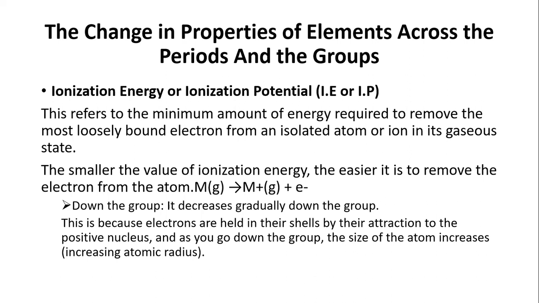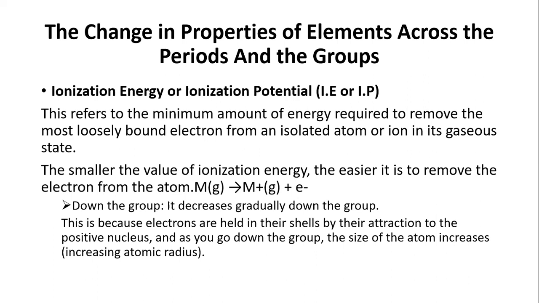Now, why does this happen? This is because the electrons are held in their shells by the attraction to the positive nucleus. And so as you go down the group, the size of the atom increases. Simply, it's increasing atomic radius. So if there is an increasing atomic radius, that's why the ionization energy decreases as you go down the group.